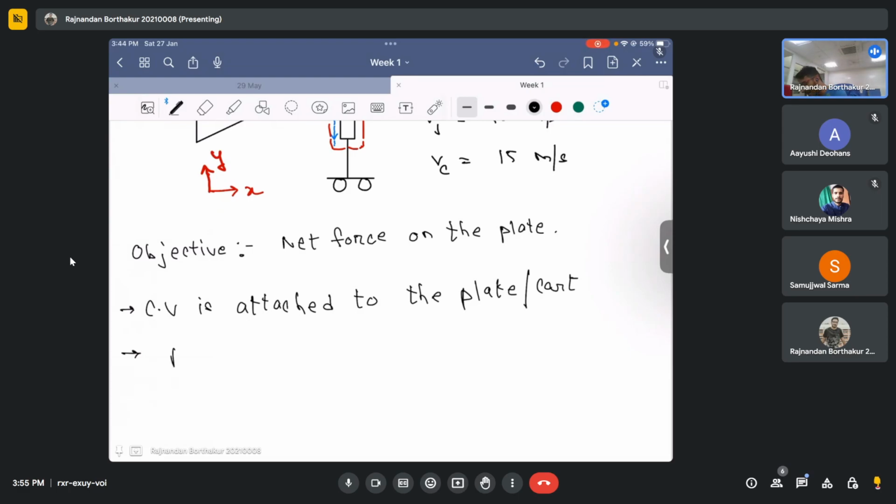Now we will apply RTT, which is the Reynolds transport theorem for mass conservation, of course.